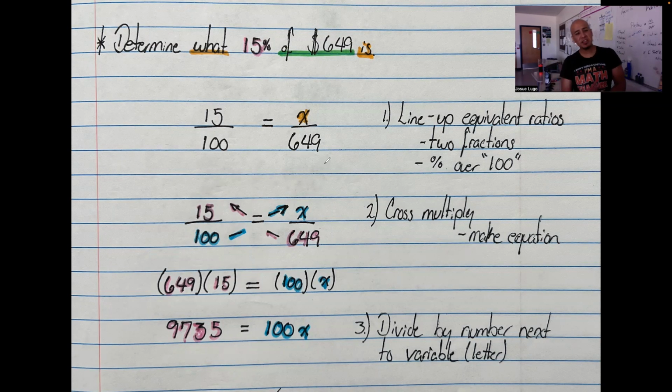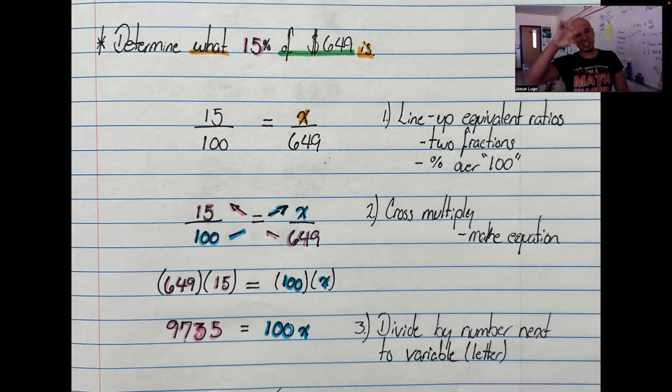Now, before I continue, let's add some context to this problem. It says determine what 15% of $649 is. Let us suppose that you went into Best Buy and you wanted to purchase a new game console, like a PS5, or maybe an Oculus VR headset. And the original price was $649.